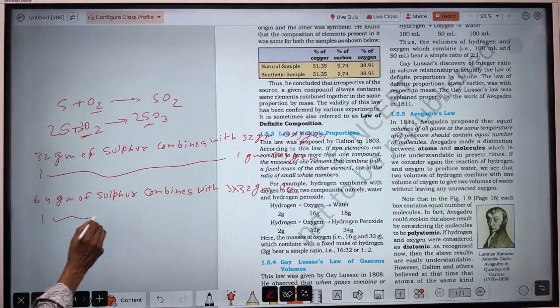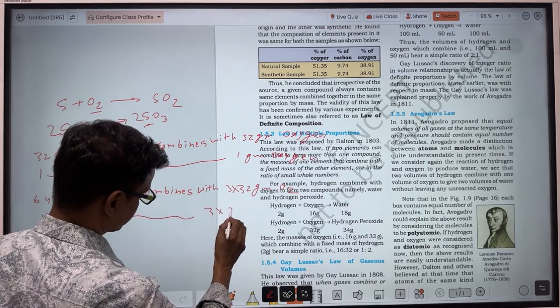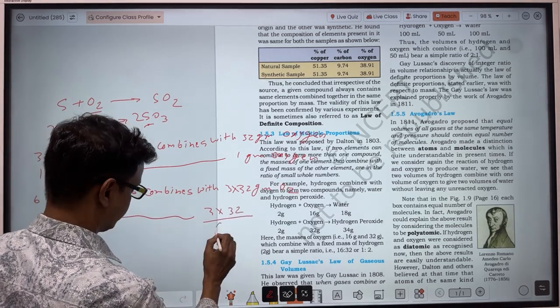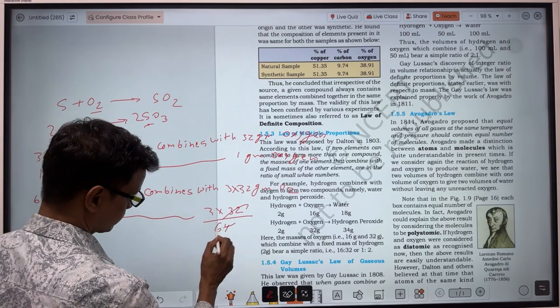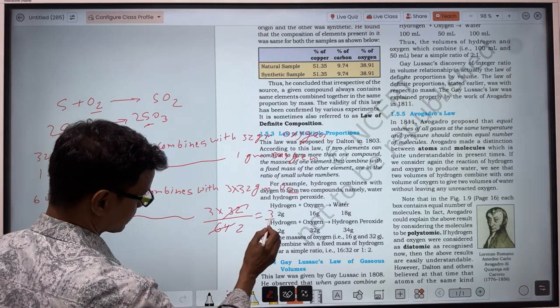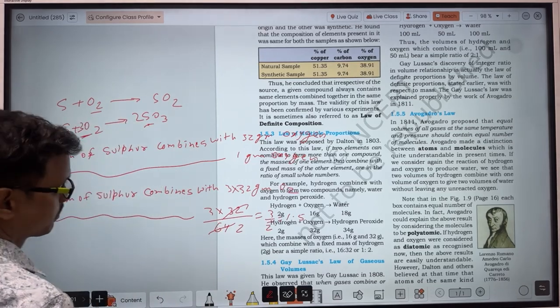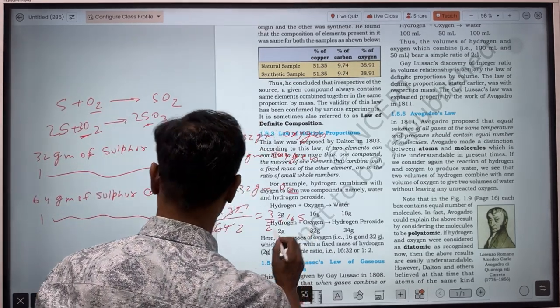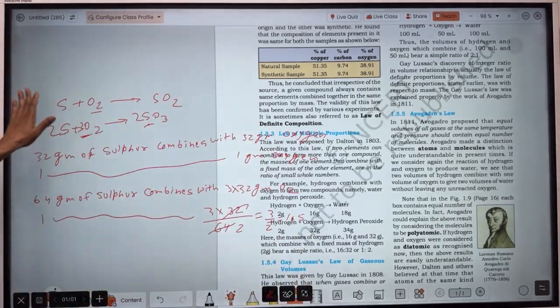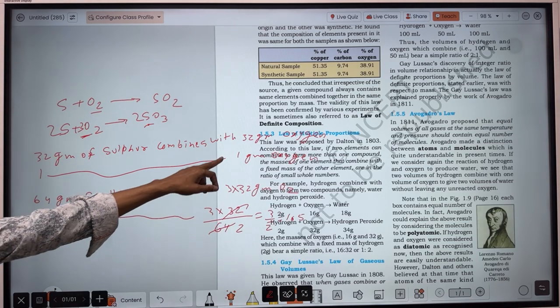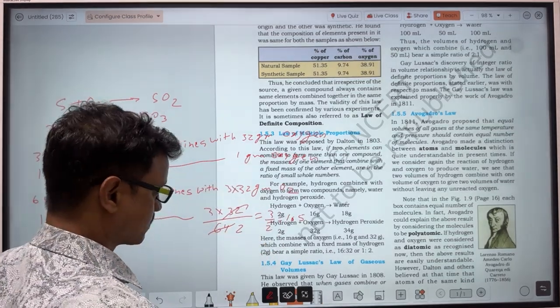So 1 gram of sulfur will combine with how much? So it is 1.5 of oxygen. So the ratio of oxygen which combines with 1 gram of sulfur will be 1:3/2, that means 2:3.